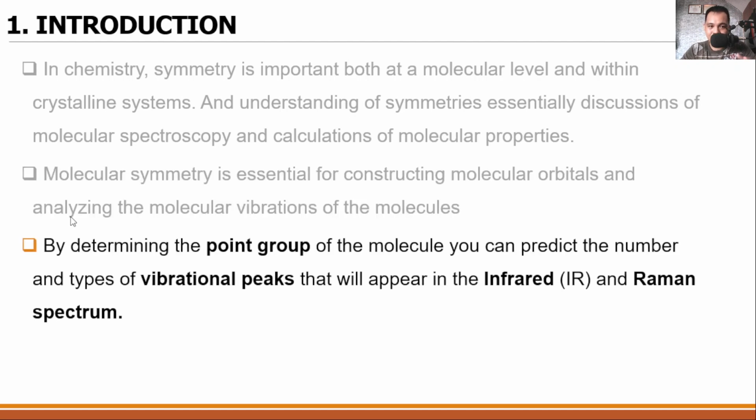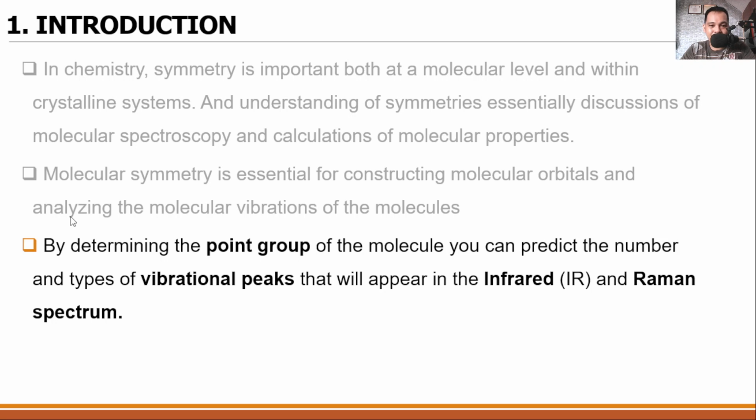We can also determine or predict the number and types of vibrational peaks that will appear in the IR and Raman spectrum after analyzing a particular molecule, by determining the point group. That is interesting.